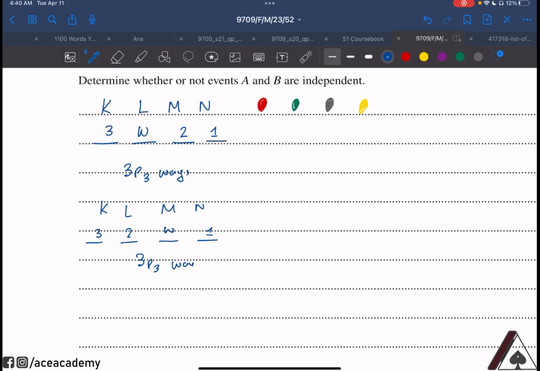So probability of event A is 3P3 plus 3P3 by 4 factorial. Why 4 factorial? Because there are 4 boxes and there are 4 marbles. So the answer is 3P3 plus 3P3 by 4 factorial, which is going to be 1 by 2. Alright.